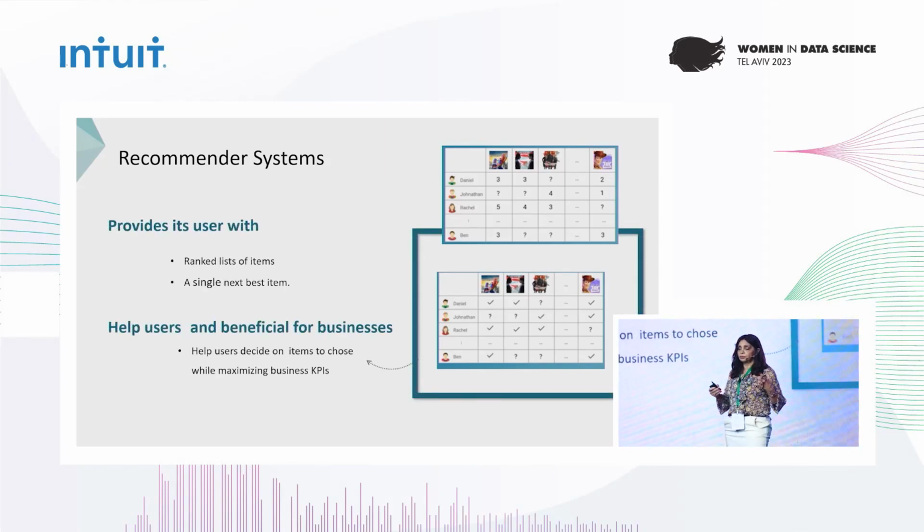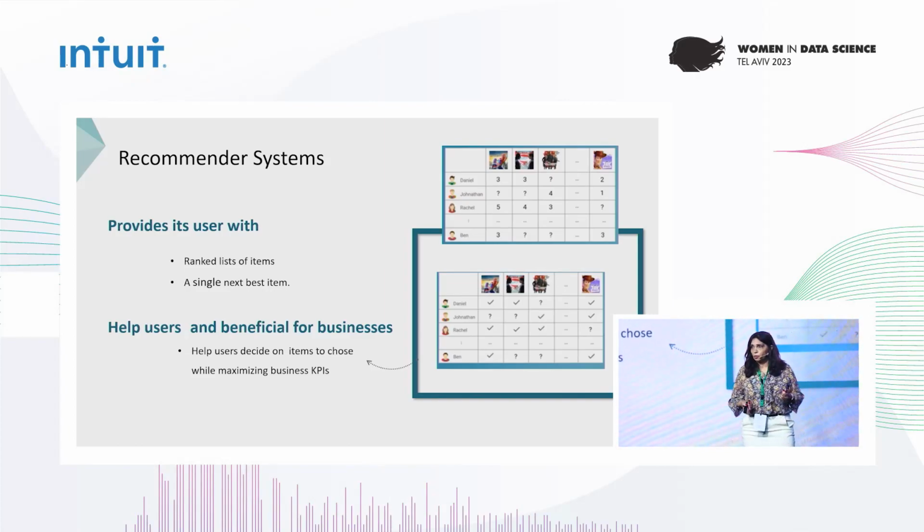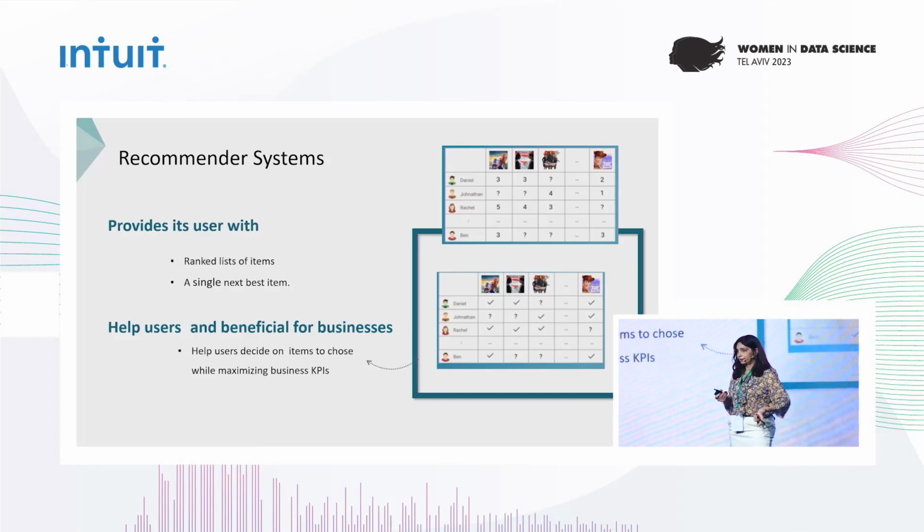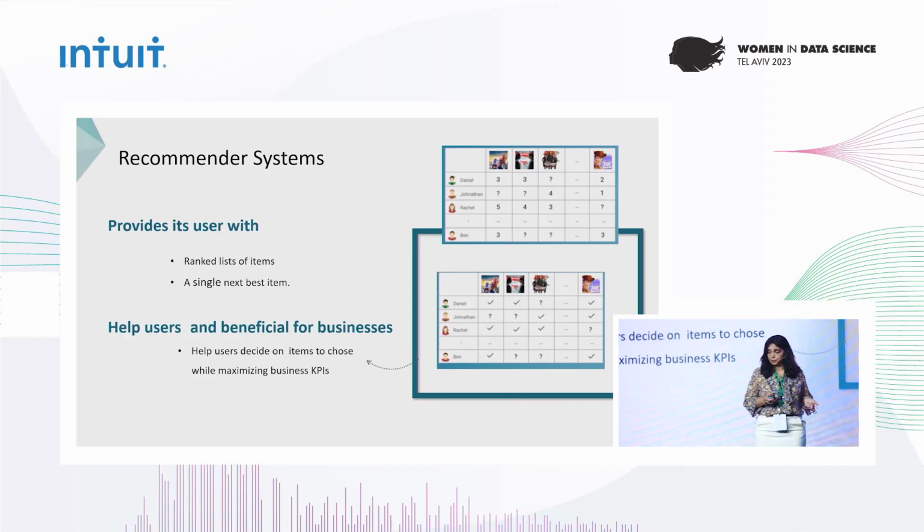They provide the user with a ranked list of items or one next best item, but they also maximize system or business KPIs. It is known that recommender systems do significantly increase business KPIs.